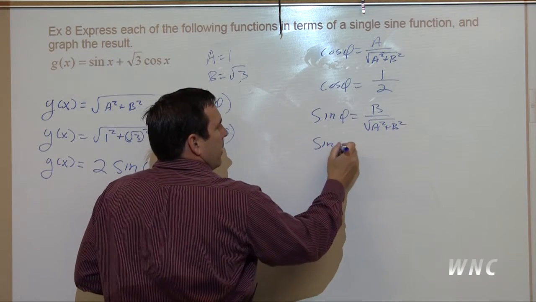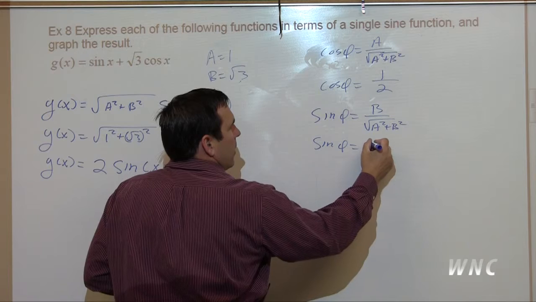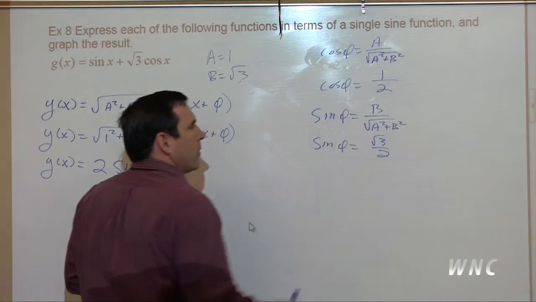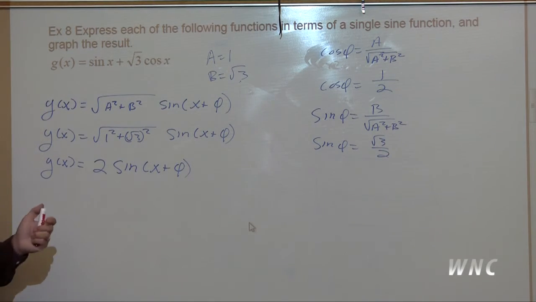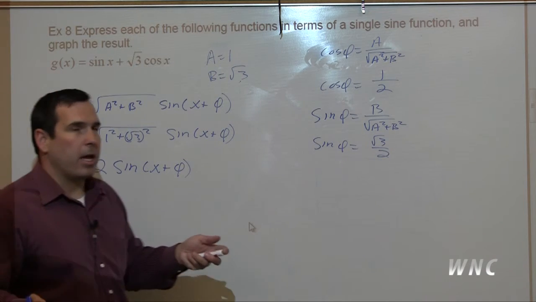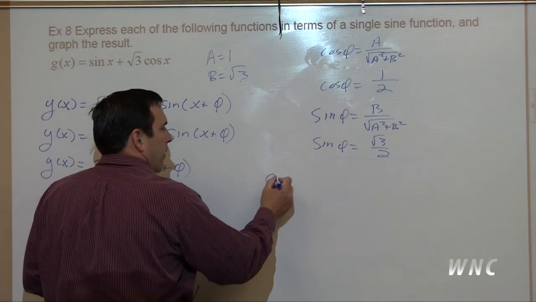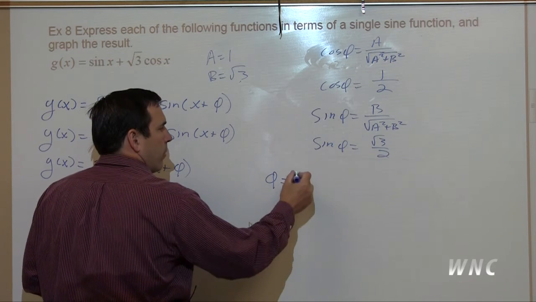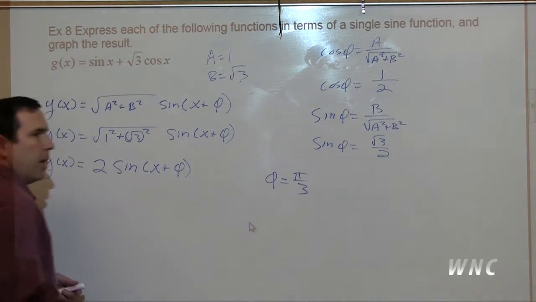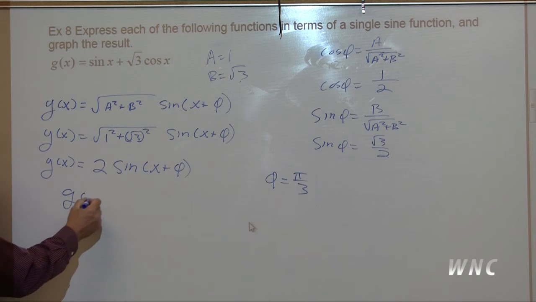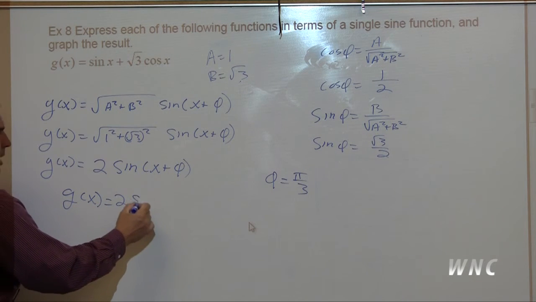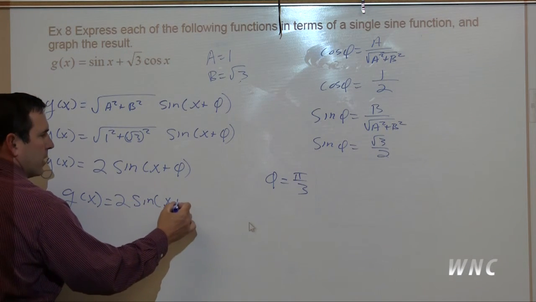So sine of phi is going to be square root of 3 over 2. So what angle satisfies cosine of phi is 1/2, sine of phi is square root of 3 over 2? Well, phi must be pi over 3. Hey, I rhymed. So g of x is 2 times sine of x plus pi over 3.